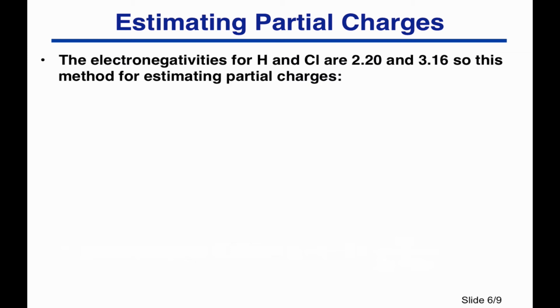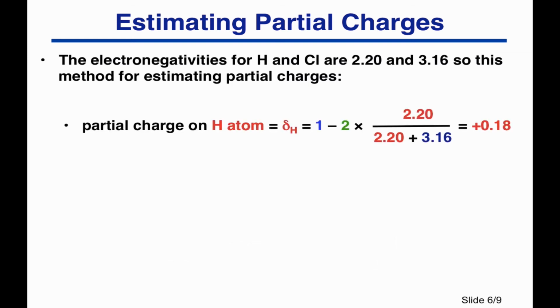So let's put some values in using Pauling electronegativities of hydrogen at 2.2 and chlorine at 3.16. We calculate the partial charge on hydrogen, 1 minus 2 times 2.2 divided by 2.2 plus 3.16, and we work out a partial charge of plus 0.18.